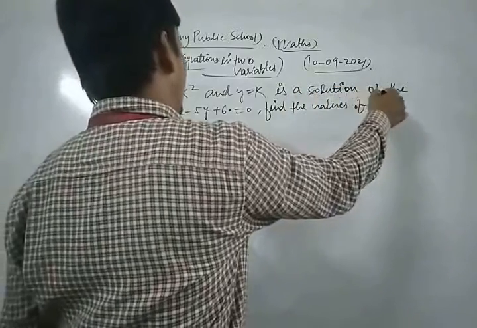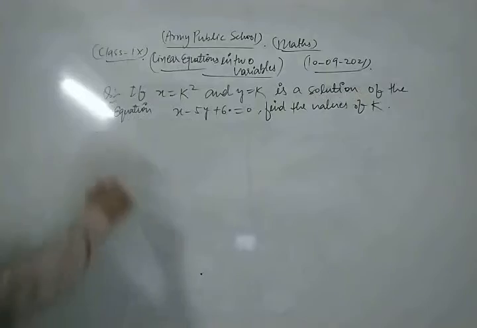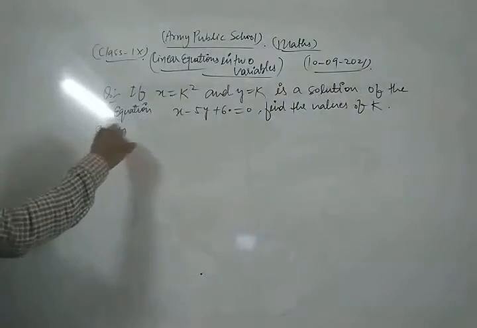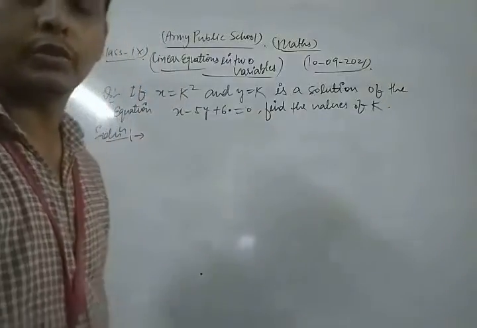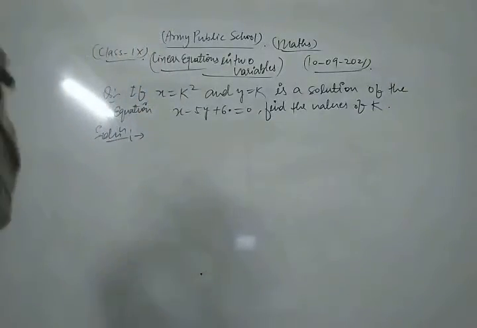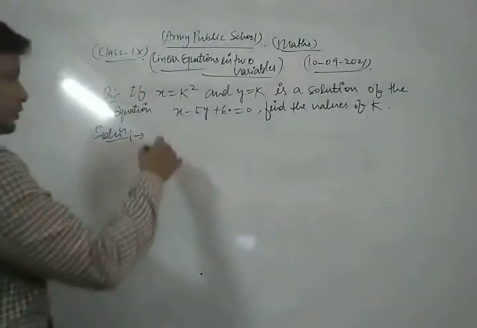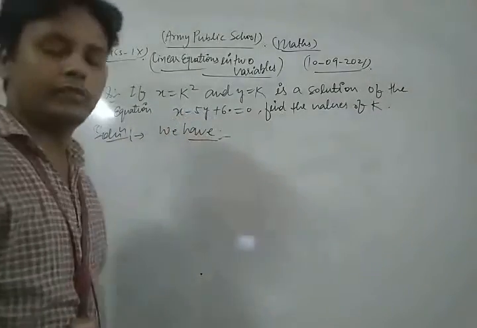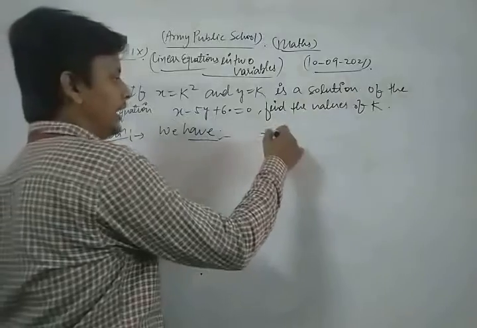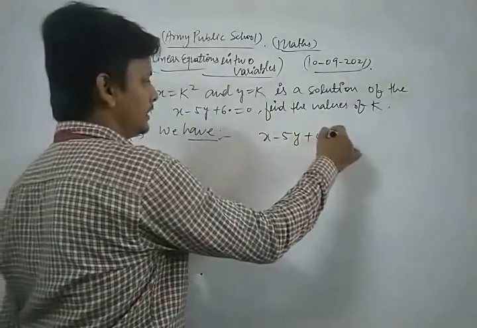Now let's see its solution, dear students. So this is also a very important question of your NCERT exercise. So look, first of all we write the given equation. We have the equation x minus 5y plus 6 is equal to 0.